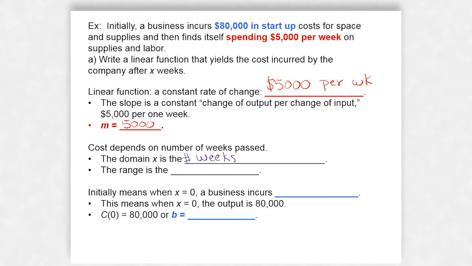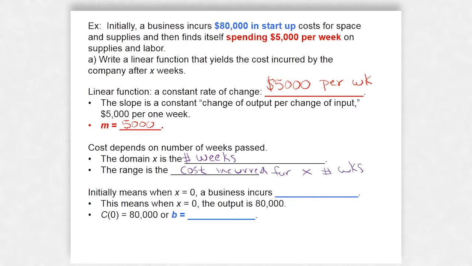What's the range going to represent? The cost. The cost incurred for x number of weeks. So I'm just going to write that in.